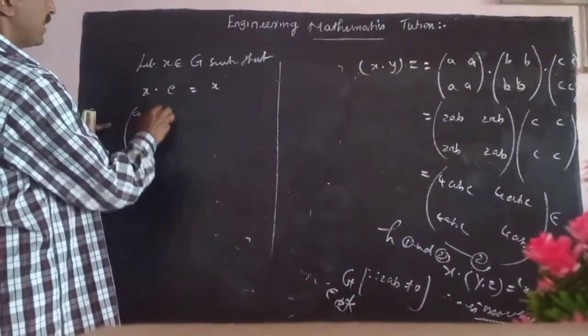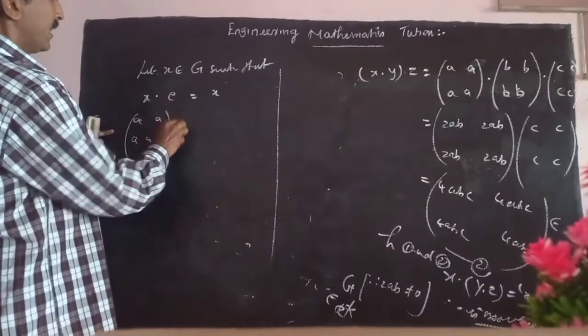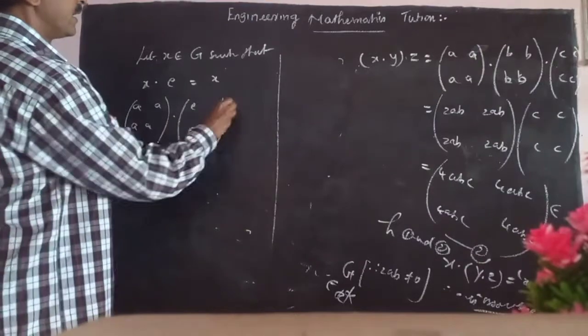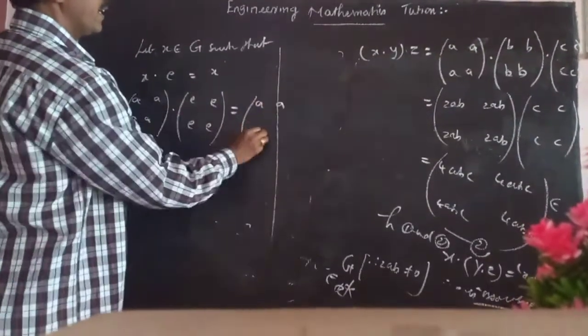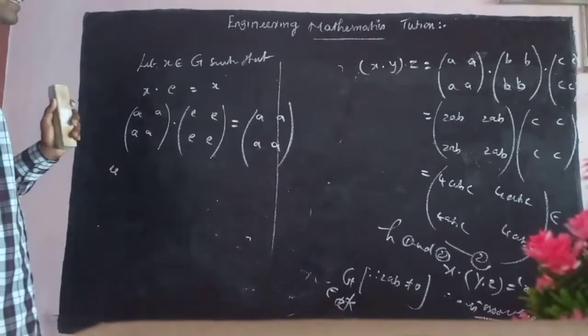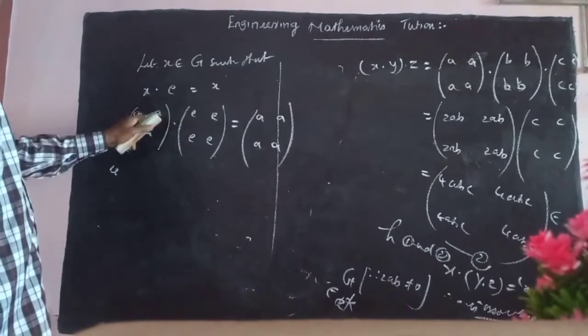That is A, and the element E equal to E E. Okay, so actually to find the identity element, A dot E.